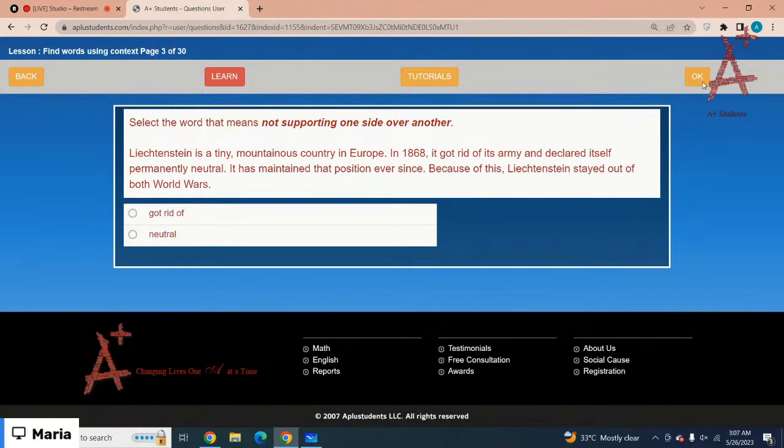In 1868, it got rid of its army and declared itself permanently neutral. It has maintained that position ever since. Because of this, Liechtenstein stayed out of both world wars. So which is the word that means not supporting one side over another?